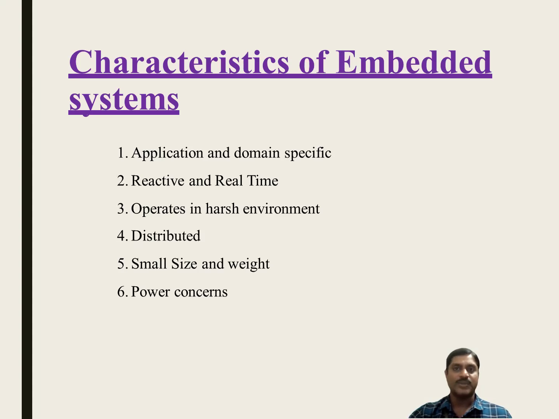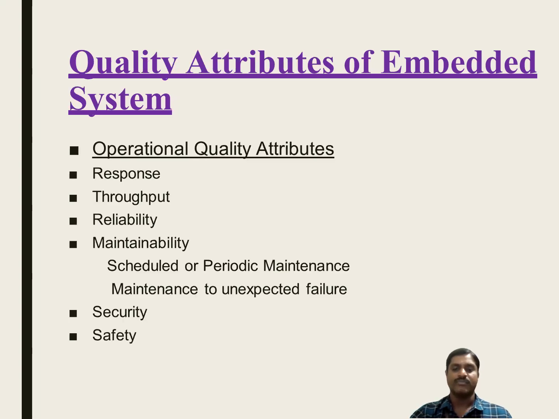Power management is another important factor that needs to be considered in designing embedded systems. These embedded systems should be designed in such a way as to minimize the heat dissipation by the system. Okay, these are some of the characteristics of embedded systems.